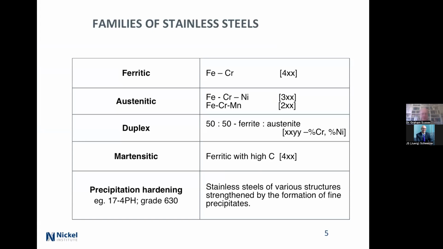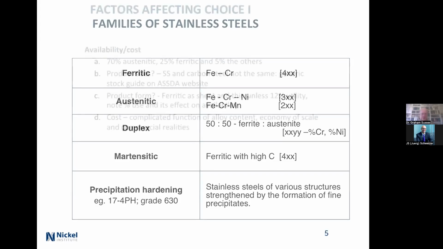Interestingly, you mix 2 things together and you normally expect to get the lowest properties, but in fact you get double the strength and lots of corrosion resistance. The martensitics, if you want to go cutting things or making blades, just like the martensitic carbon steels, have high carbon and get very hard, but unfortunately not a lot of elongation, so they're a bit brittle. And the precipitation hardening ones, you won't see unless you're in the aerospace industry.